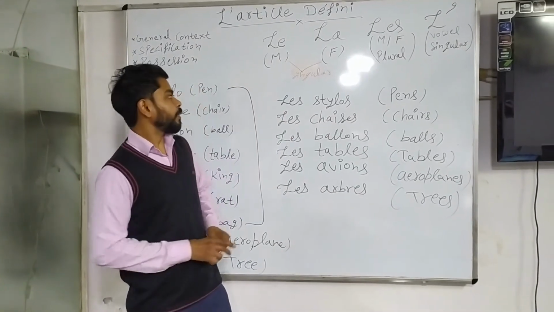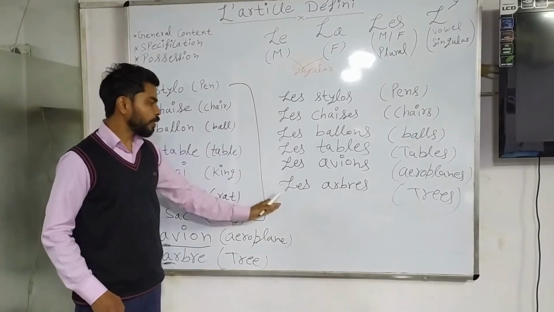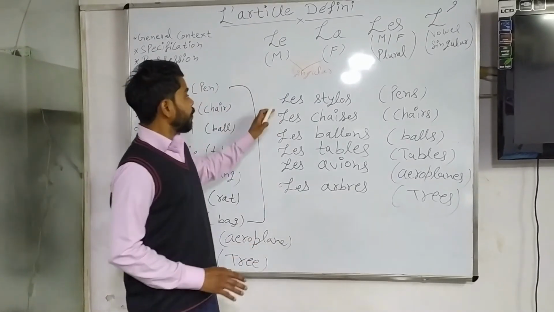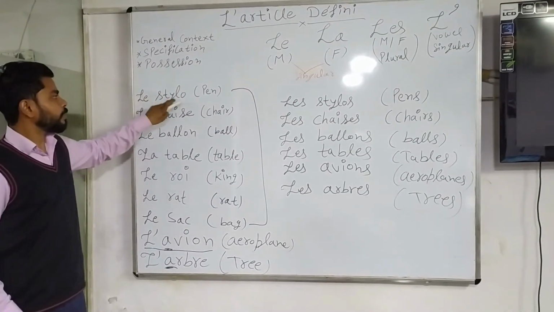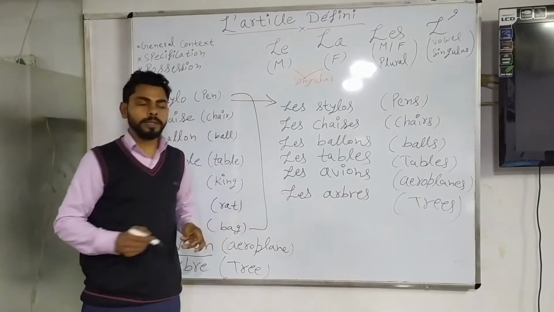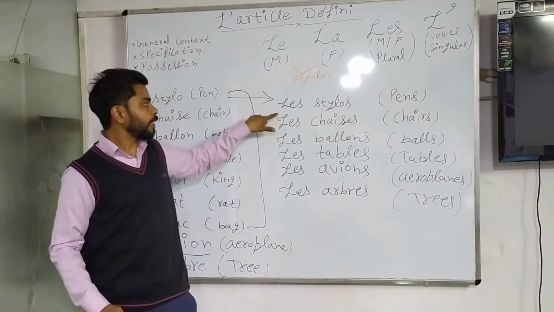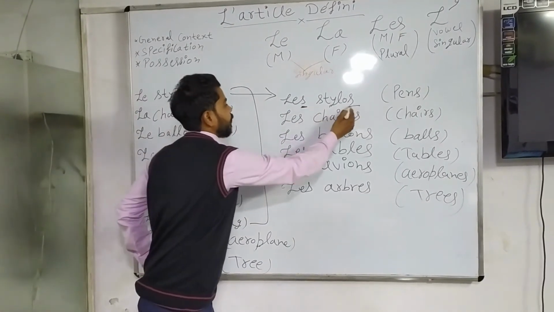Then we have some examples here. I have made them in plural for your use and your better understanding. We had this in singular earlier, le stylo, and now we will see this in plural, les stylos. It became plural now. We have put one S here and one S here.